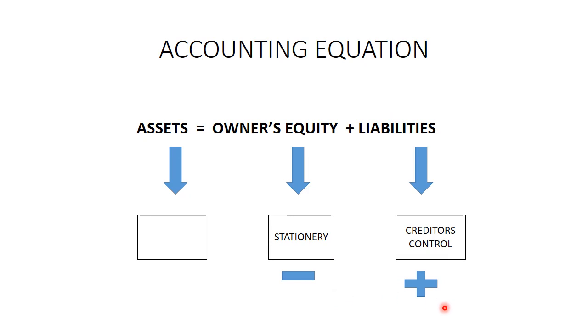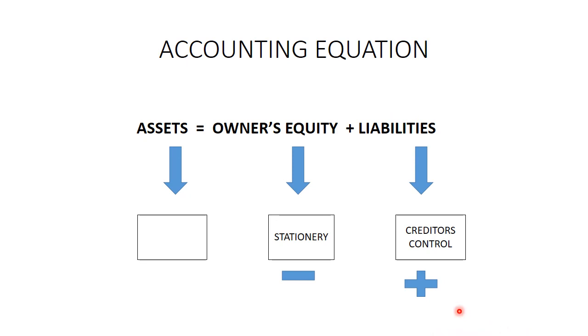Then let us look at your creditors control. With regards to creditors control, we are referring to external lenders or wholesalers who are willing to sell goods to us on credit, or who are willing to sell trading stock or raw material, or whatever the case may be, on credit.